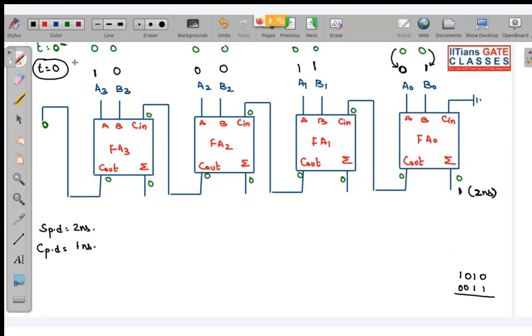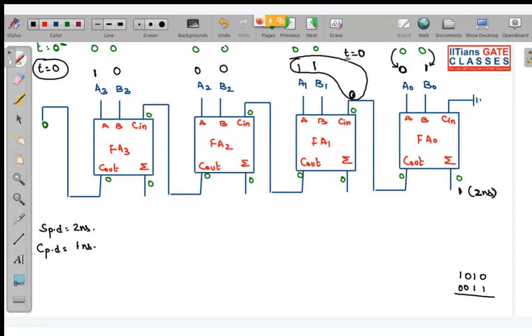Initially at t equal to 0 minus this was 0, and it is still 0, so there is no transition. This full adder 1 has all its inputs present from t equal to 0 only.